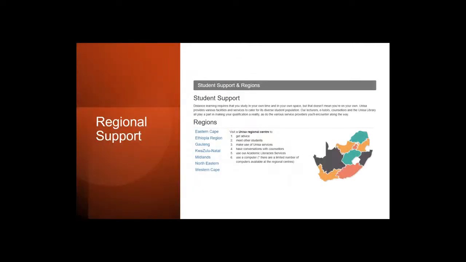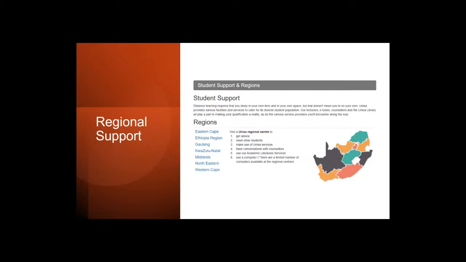Now, lastly, finding support. There are quite a few support channels available to you. Obviously, if you're close to a campus, you can easily access the campus to get support, but there are also online channels, and also support for students with different needs.